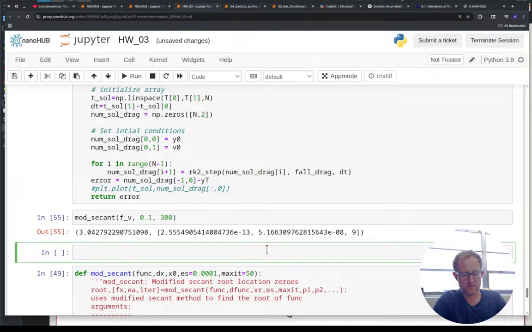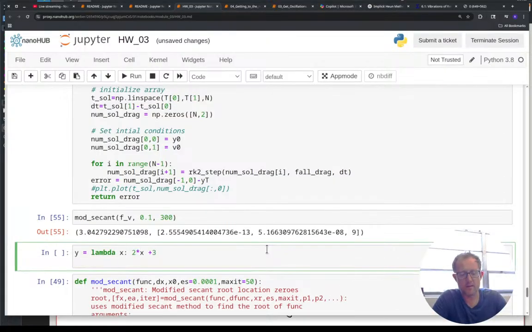So just as a proof, let's say y is lambda x: 2 times x plus 3. If I want to know the root of y, what is x when y is 0, well, I can figure that out. I can move this over.